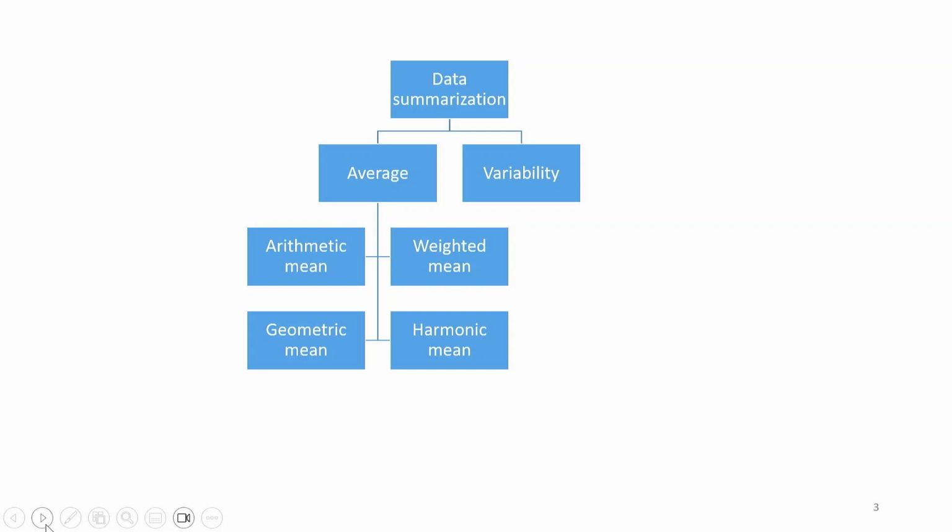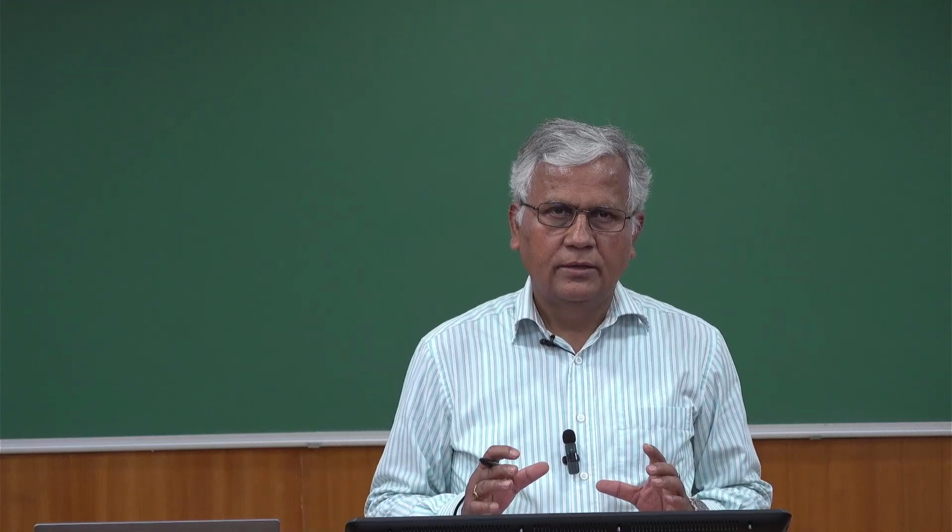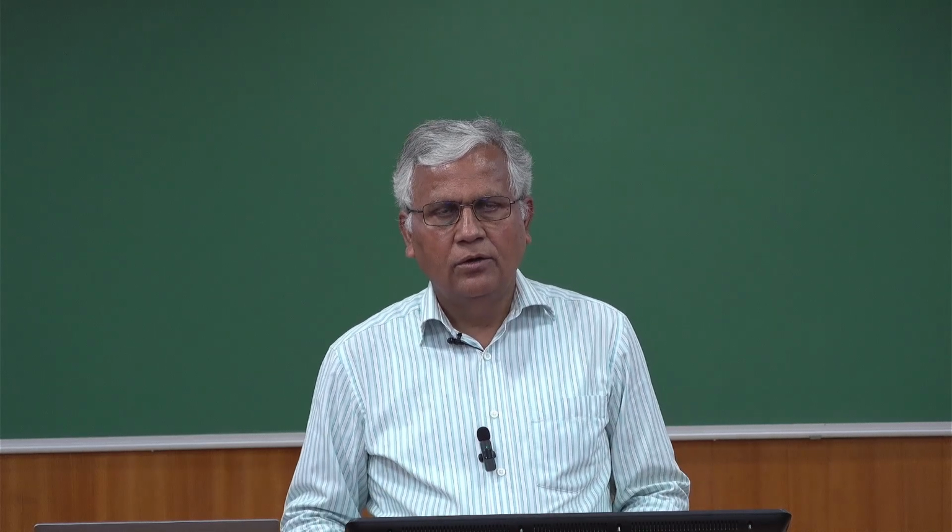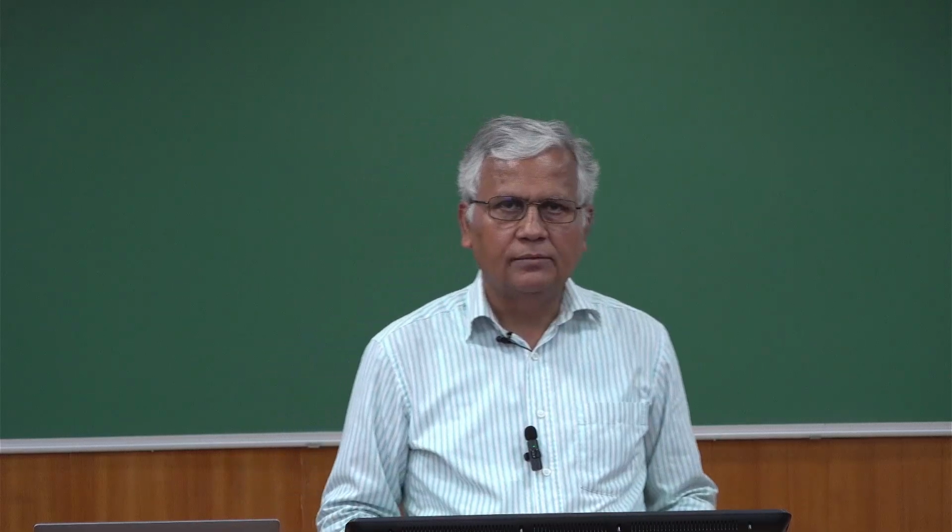One is simple average, which we call arithmetic mean, and most of you are familiar with the arithmetic mean. The next one is weighted mean. Then comes geometric mean, and the last one is harmonic mean. So the data can be characterized in terms of arithmetic mean, or weighted mean, or geometric mean, or harmonic mean, depending upon the nature of the data.